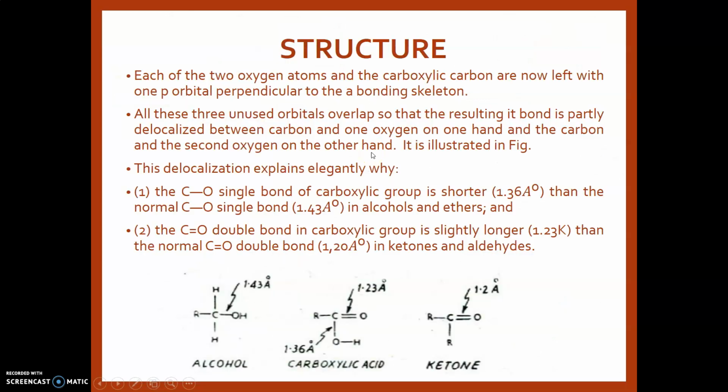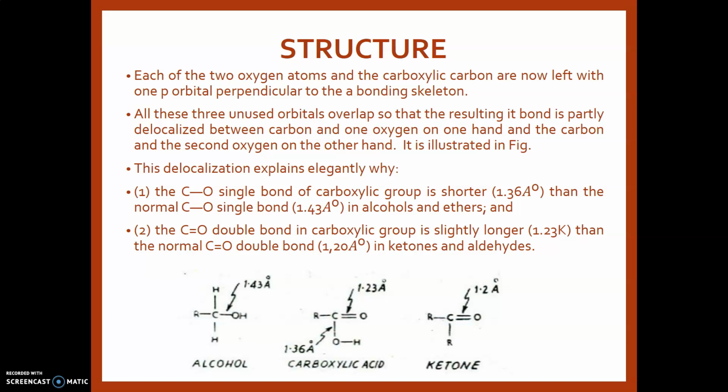The structure also has a specific characteristic: each of the two oxygen atoms and the carboxylic carbon are left with one p orbital perpendicular to the bonding skeleton. So all these three unused p orbitals overlap, resulting in a bond partly delocalized between the carbon and one oxygen on the one hand, and the carbon and the second oxygen on the other hand.